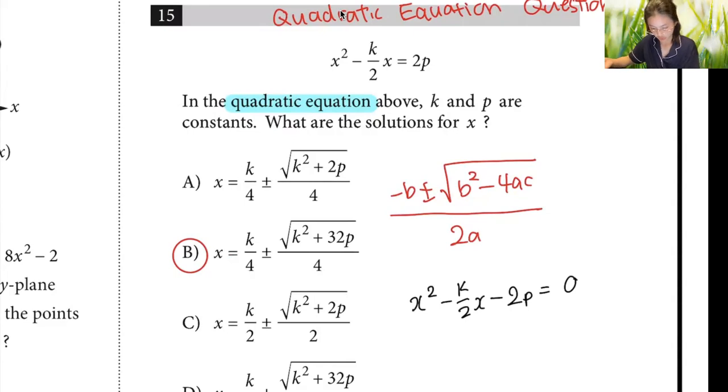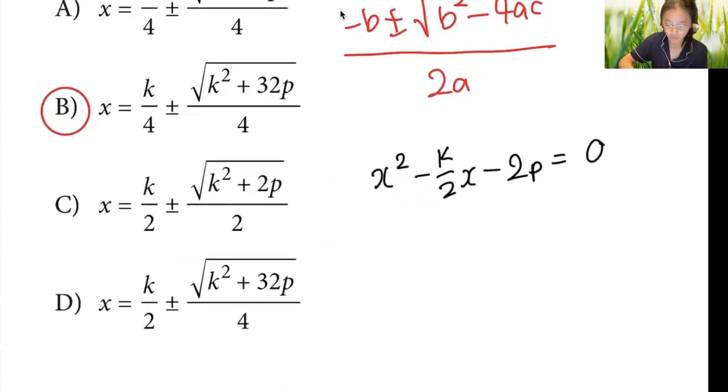Now, a quadratic equation always has the highest power 2, so x squared should be the highest power. X cubed isn't a quadratic equation anymore, so you just need to keep an eye on that. It also has the x term without the power, and a constant. So it needs to be in this format, or else you will get a wrong answer.